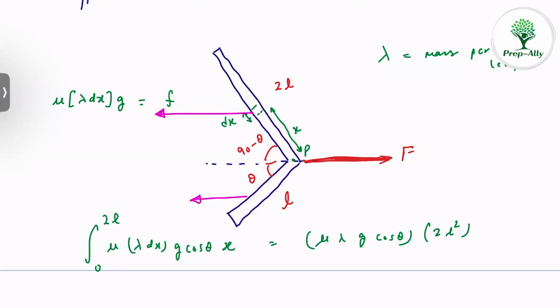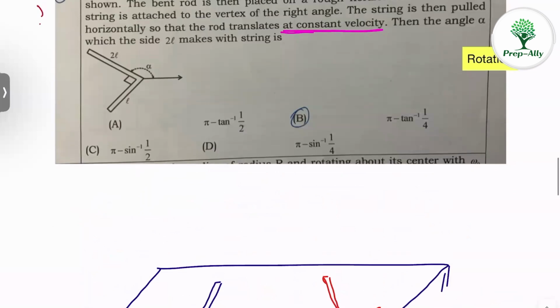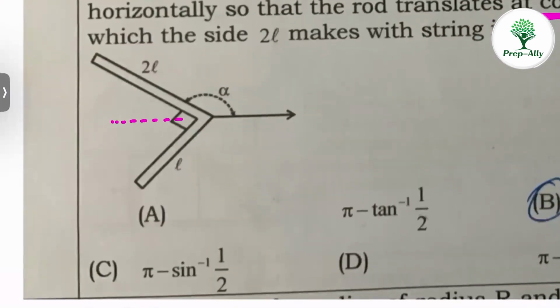Sir, I'm getting tan theta is equal to 4. Tan theta is equal to 4.